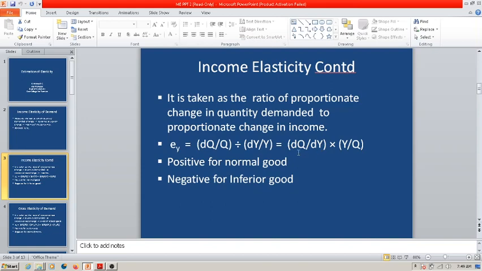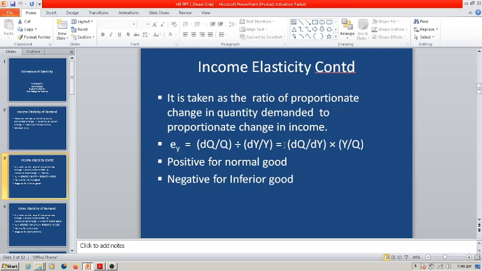Now, one difference from the price elasticity computation is that in the expression for price elasticity, we incorporated a negative sign onto the equation to avoid dealing with the negative value in the final answer. The reason was that the price quantity relation will always be negative.